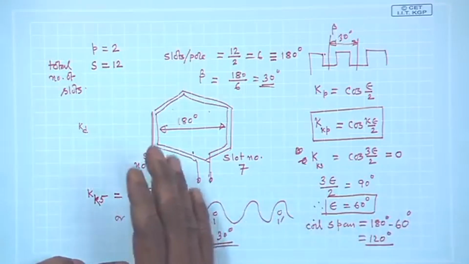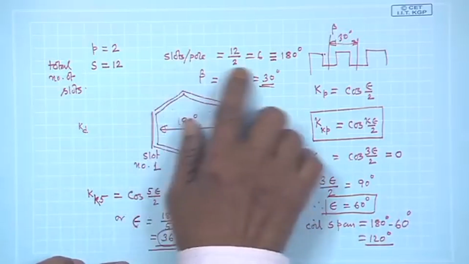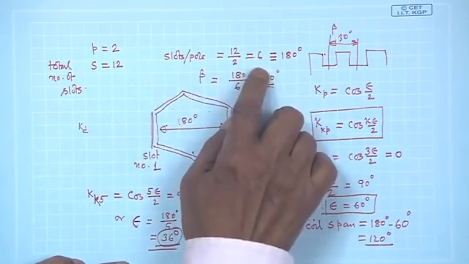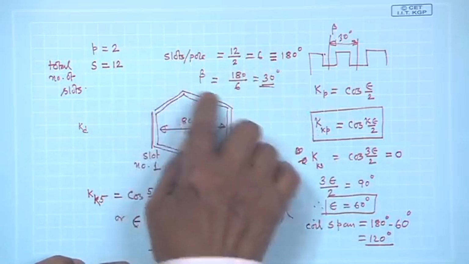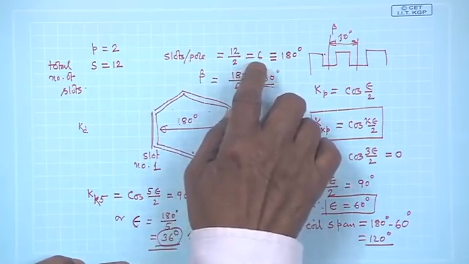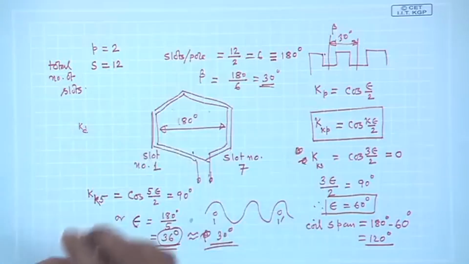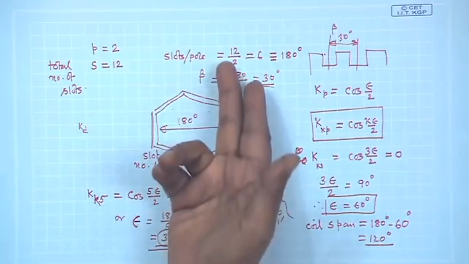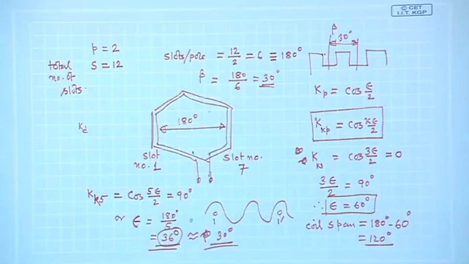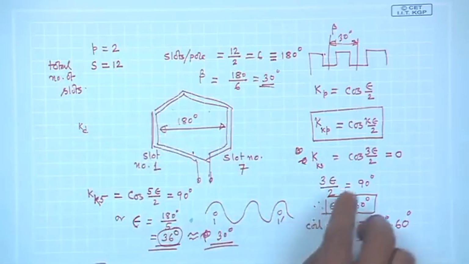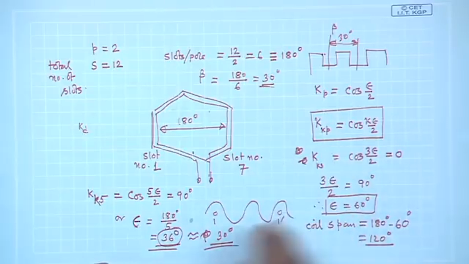So, if slots per pole is 6, a full pitched coil means 1 to 7, I will place the return conductor not at 7, but at 5. Then it will be a short pitched coil, reduced by 2 slots. It is short of full pitch by 2 slots, and then I will get it.